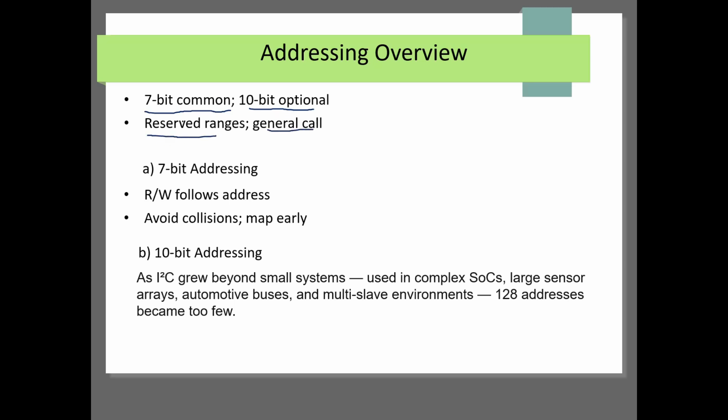Some ranges are reserved. A 7-bit address ranges from all zeros to all ones, and whatever address is sent is between those. That is the 7-bit address, and then there are reserved ranges, starting from 0 to 1111.